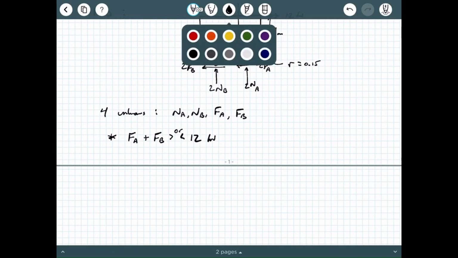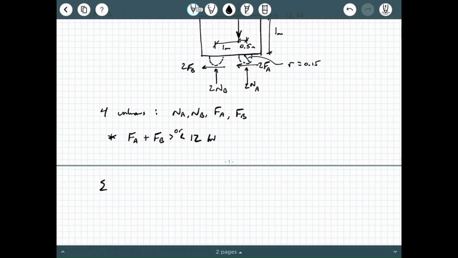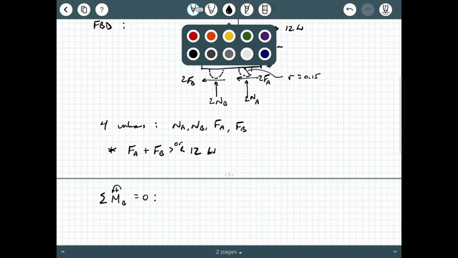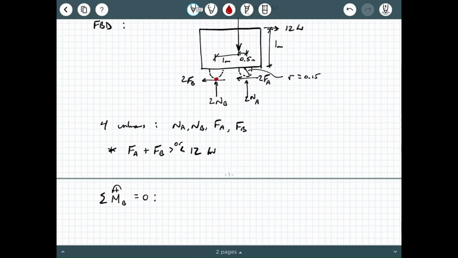So here's what I'm going to do. I'm going to say, let's do the sum of the moments about the point at wheel B, counterclockwise positive, equals 0, okay?